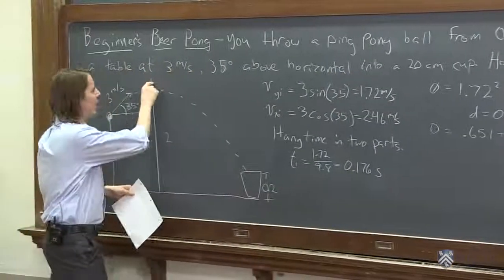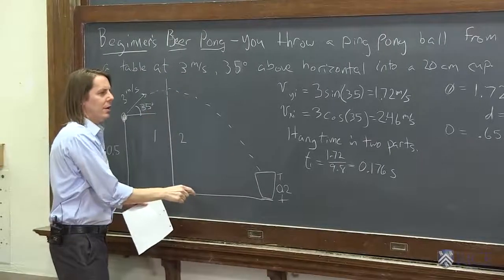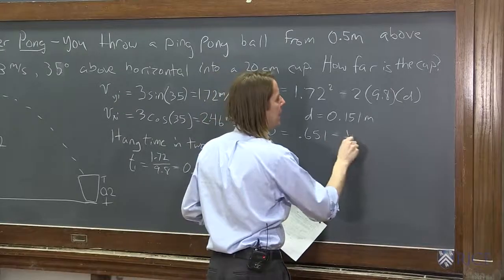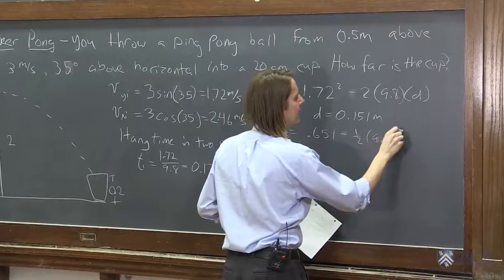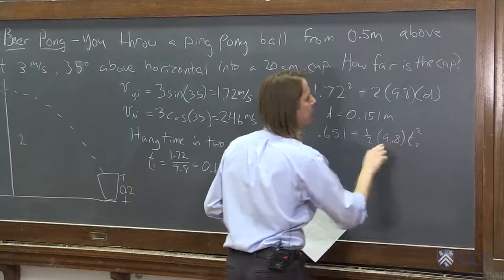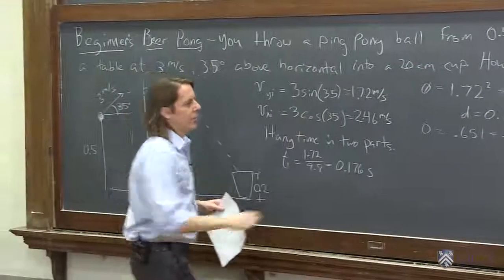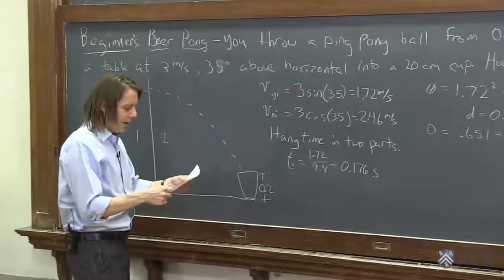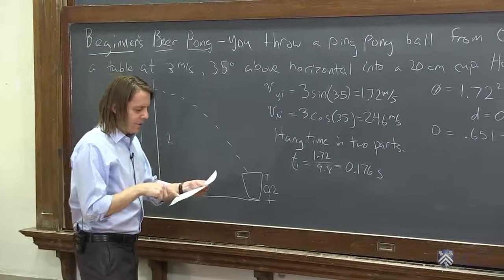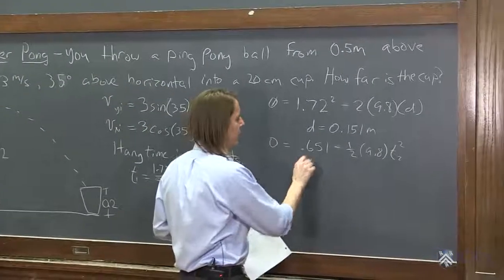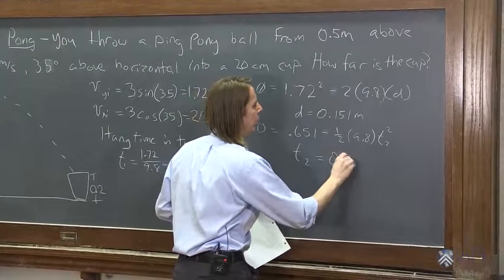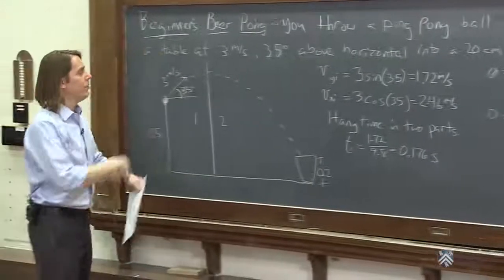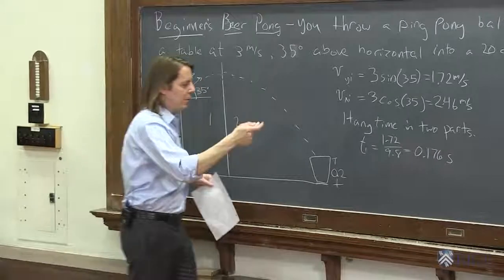There's no initial velocity when you're just falling down, minus 1/2 gt squared, minus 1/2 9.8, and this is t2 squared. Okay, so we bring this over here, you divide by the 9.8, and you take the square root, and if you work all that out, T2 is 0.3034 seconds.